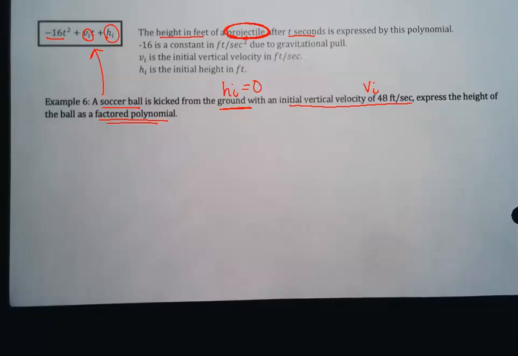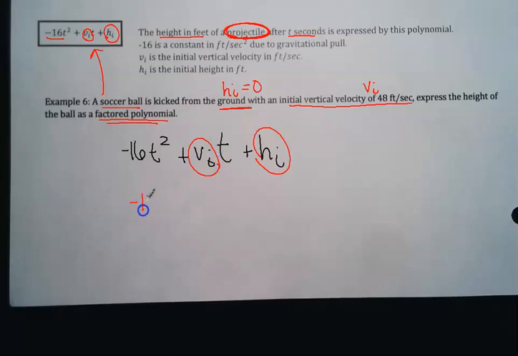Our formula is negative 16t squared plus v sub I times t plus h sub I. We know our h sub I is 0, and we know v sub I is 48.